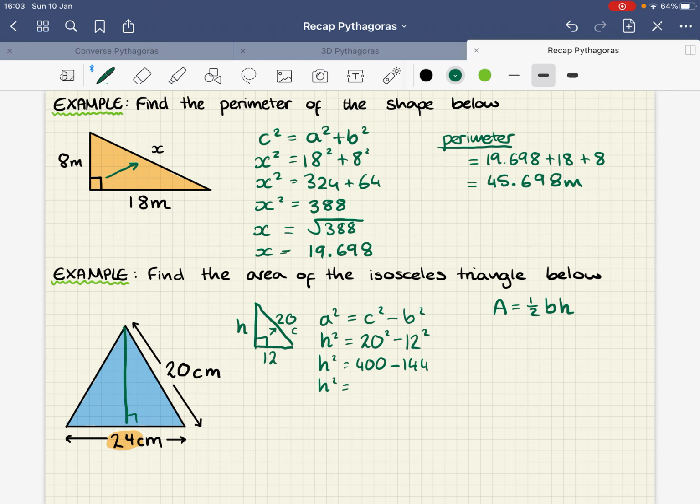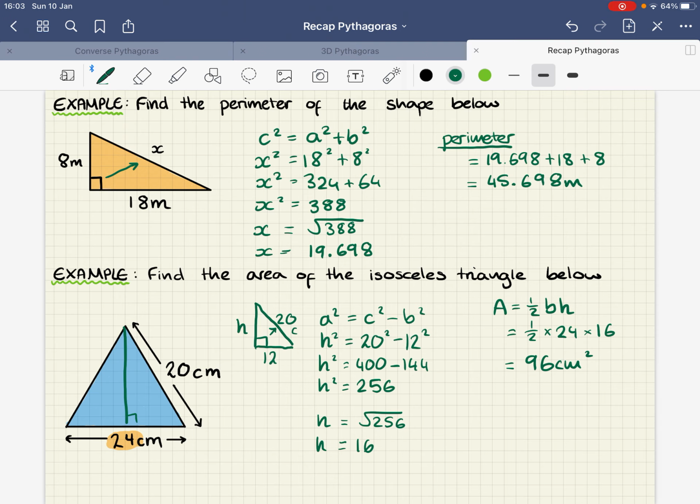So that means h squared is going to be 256. So then my h, when I square root that, is going to come out as 16. So then going to my area formula, half times the total base, 24, times my height of 16. And that will come out as 96 centimeters squared.